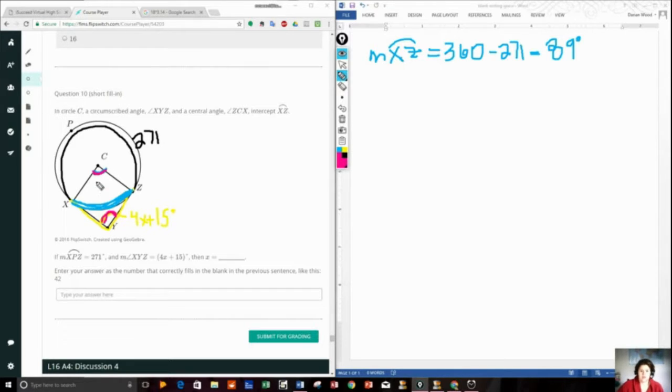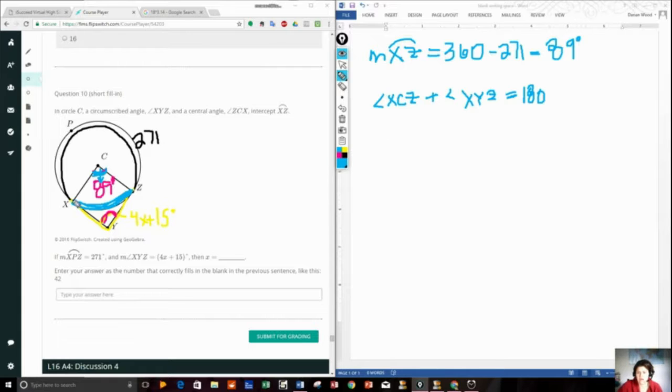And since we know that this angle is 89 degrees right there, angle XCZ plus angle XYZ is going to equal 180. So that's one of the rules.